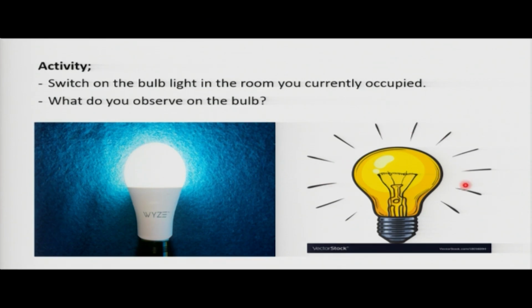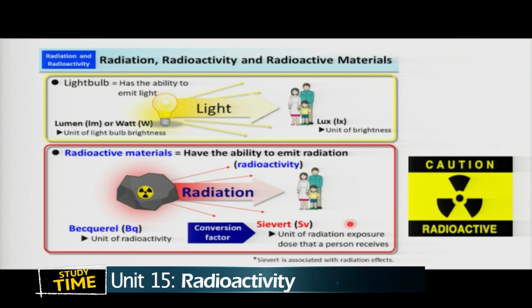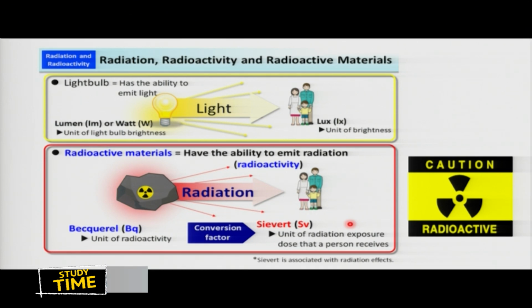We are using this to imply the light being produced, or the radiation, moving within your room. Now, with this understanding of emitting something, let's compare it with radiation and radioactivity.